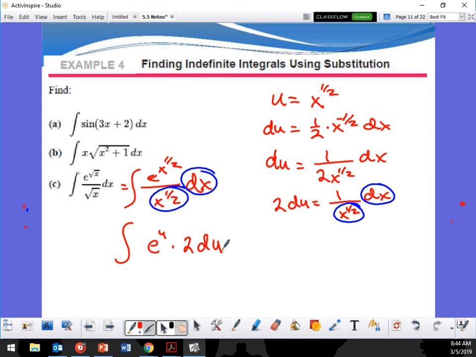So it's going to be 2 times e to the u plus c, or e to the square root of x. So that ends up becoming 2 e to the x to the 1/2, and then plus c.